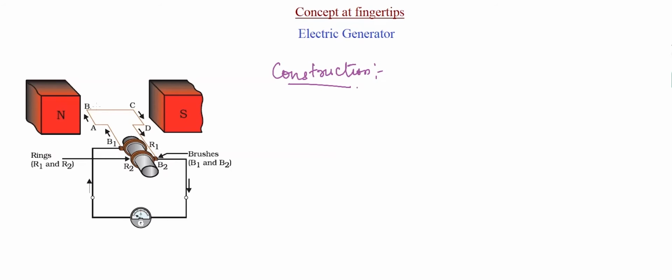And then there is this coil ABCD, which is placed between the two magnetic poles. The coil ABCD is connected to two rings, namely ring 1 and ring 2. So AB is connected to ring 1 and the CD side of the coil is connected to ring 2.